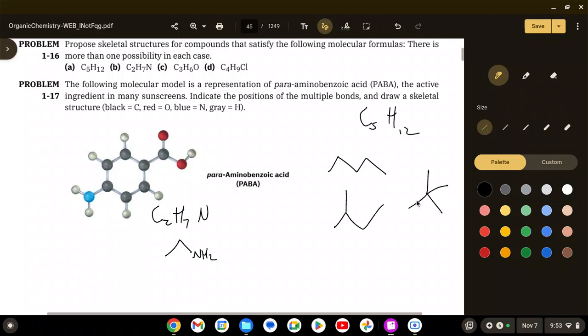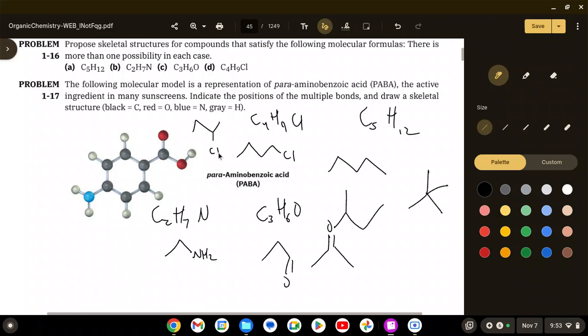So then C3H6O, you can have this or this, and then C4H9CO. There's three that I can think of.